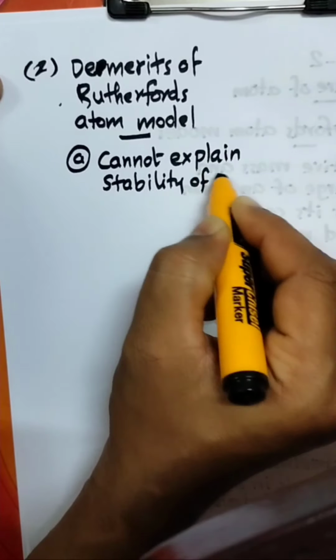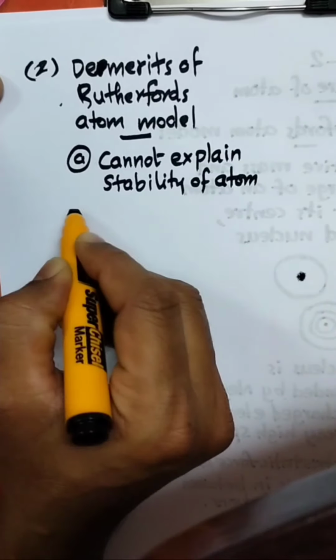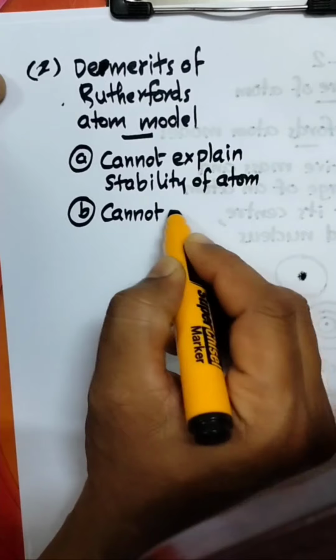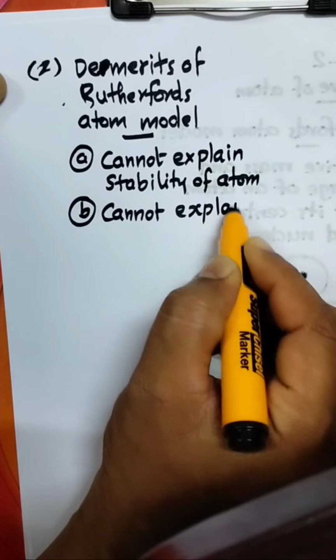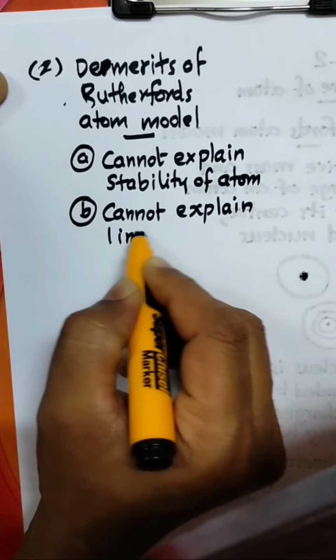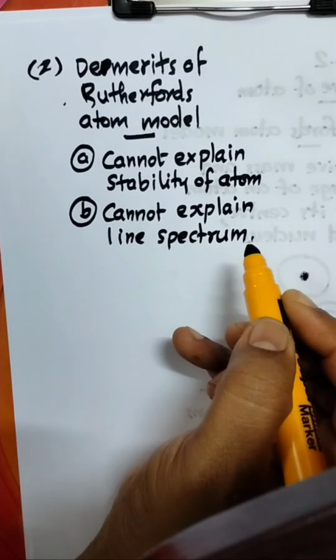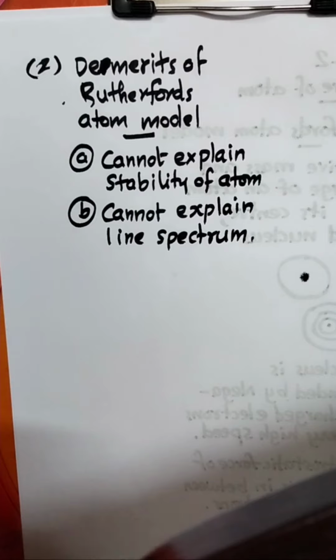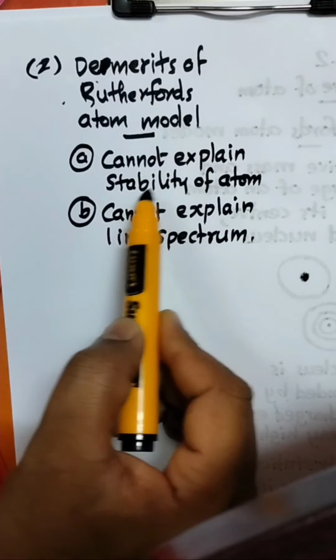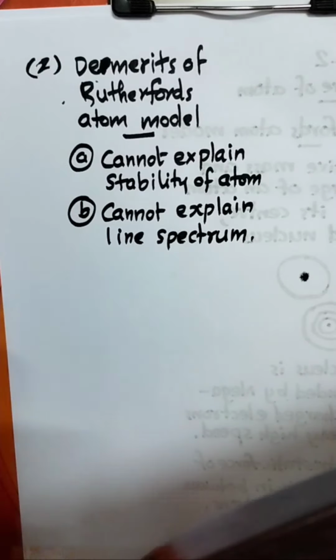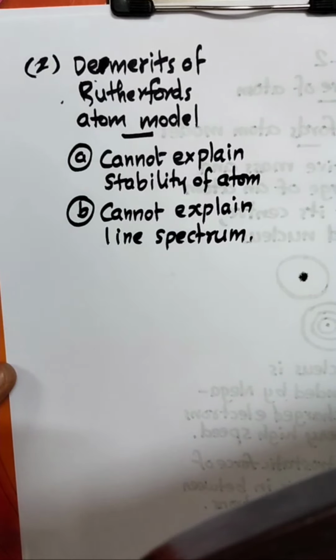Second point, cannot explain line spectrum. These are the two demerits of Rutherford's atom model: it cannot explain stability of atom, and also cannot explain line spectrum.